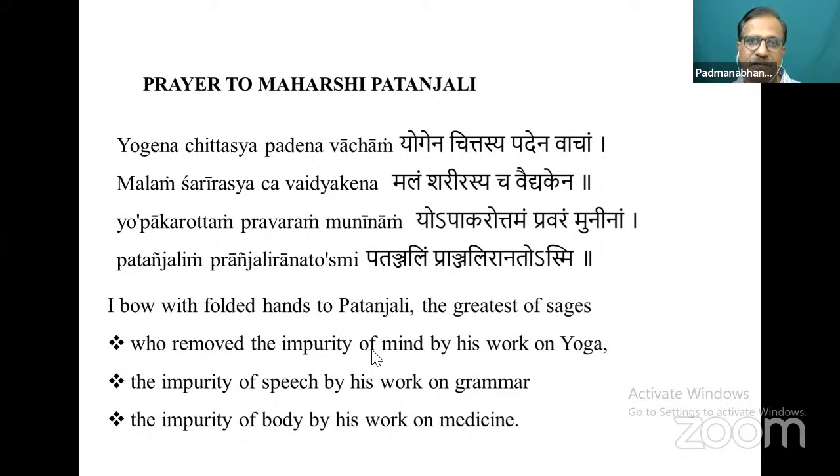Second, he was a great Sanskrit grammarian, removing the impurity of speech by his work on grammar. And the third, he was an Ayurvedic doctor or Vaidya, removing the impurity of the body by his work on medicine. These are the three qualities of great Maharshi Patanjali.